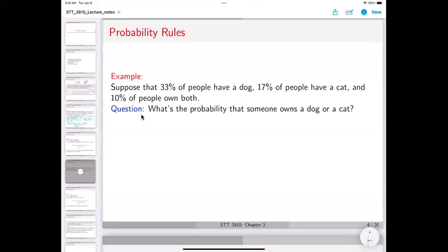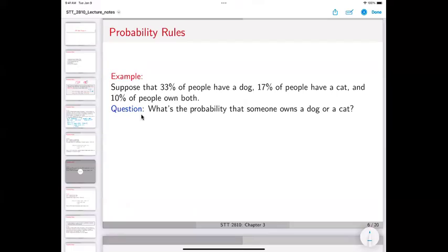Anybody wants to share the answer? 0.4. Anybody else? You got that too? Okay. So to do that together, I picked this from your homework. It says that 33% of people have a dog, 17 percent have a cat, and then 10% own both.